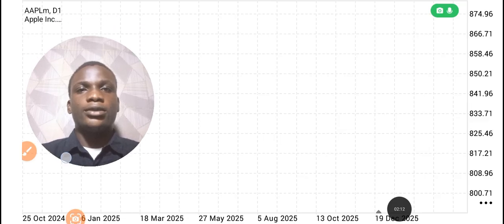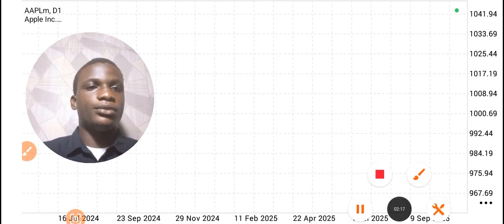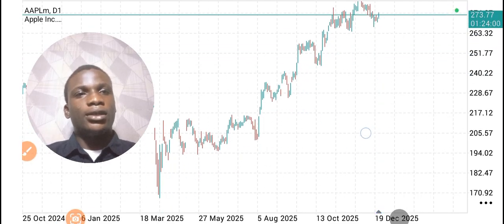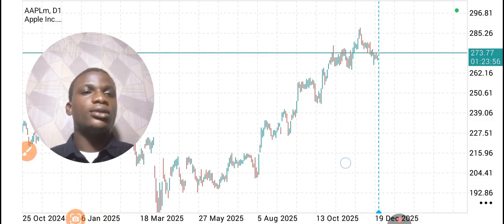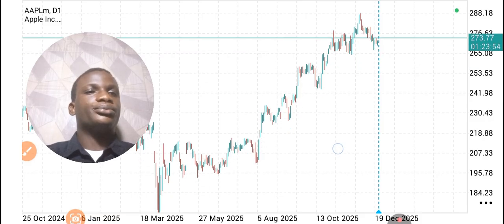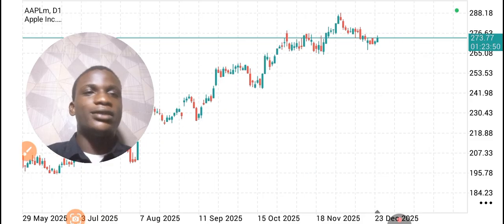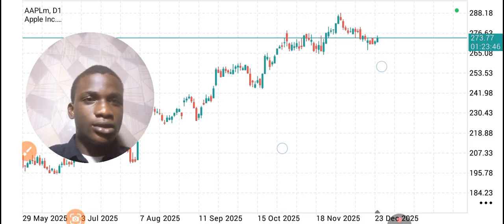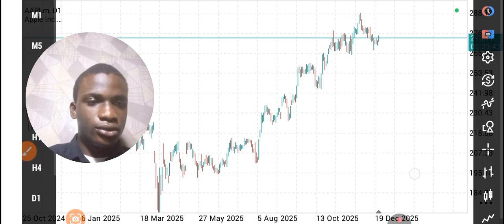So from the daily time frame, as you can see, Apple is on a bullish movement. Very clear, the market is on a bullish trend. So let's come back to the 4 hours time frame.